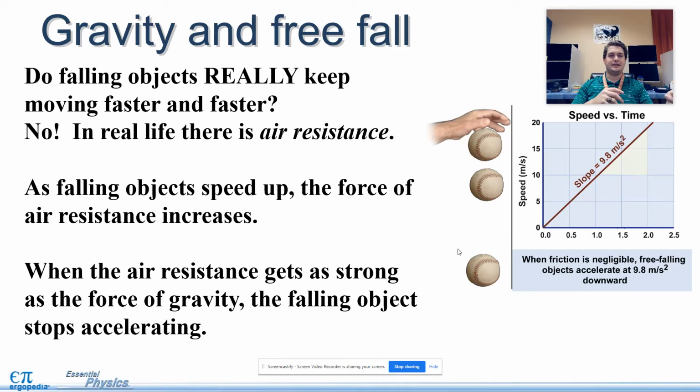So when the air resistance gets as strong as the force of gravity, things stop accelerating. So if you jump out of an airplane, you're going to speed up and speed up and speed up. But at some point, the air is going to hit you hard enough with enough force that, yeah, you're going to keep falling, but you're going to stop speeding up, okay?